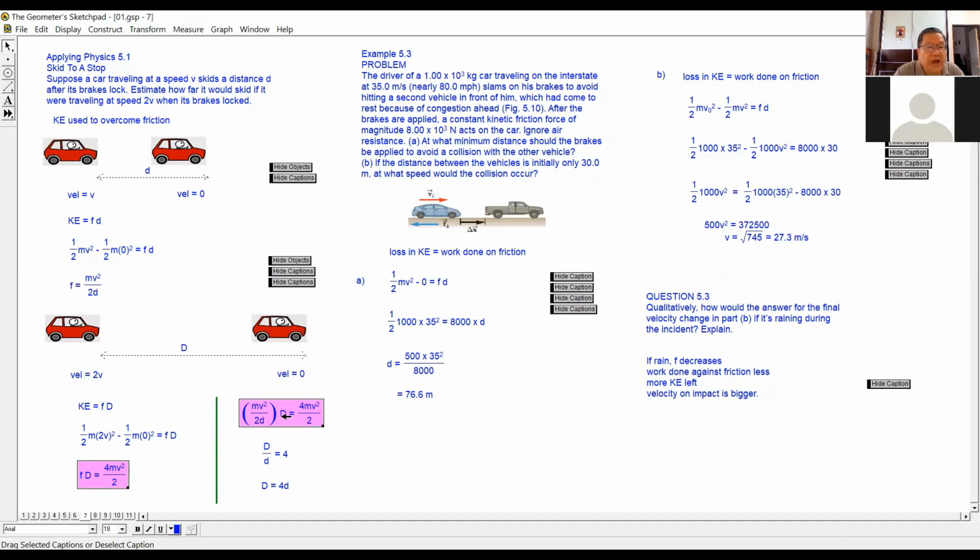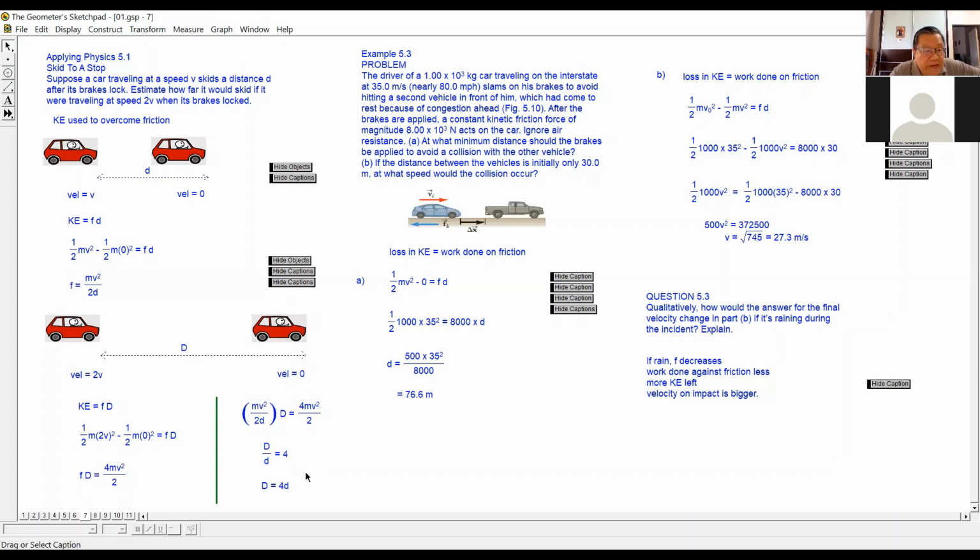Finally, you see that the mv squared and mv squared cancel off, and the 2 and the 2 cancel off. So you get a very nice relationship: the distance traveled by the car in the second case divided by the distance traveled in the first case equals 4.